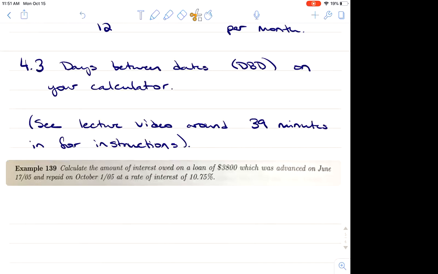In theory, you have your textbook in front of you, so it doesn't matter. Example 139, calculate the amount of interest owed on a loan of $3,800, which was advanced on June 17th of 2005, okay, and repaid on October 1st, 2005 at a rate of interest of 10.75%.